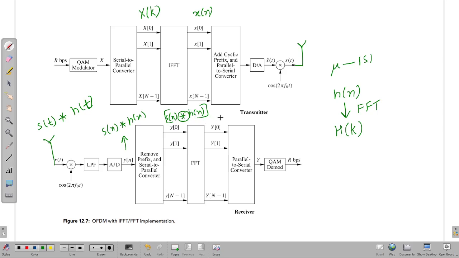So after the FFT you have y of k equal to X of k times H of k, where k varies from 0 to n minus 1. h of n could be of any length, but H of k will have a length of 0 to n minus 1, because your signal X of k, which is an n-point sequence, gets multiplied with H of k.